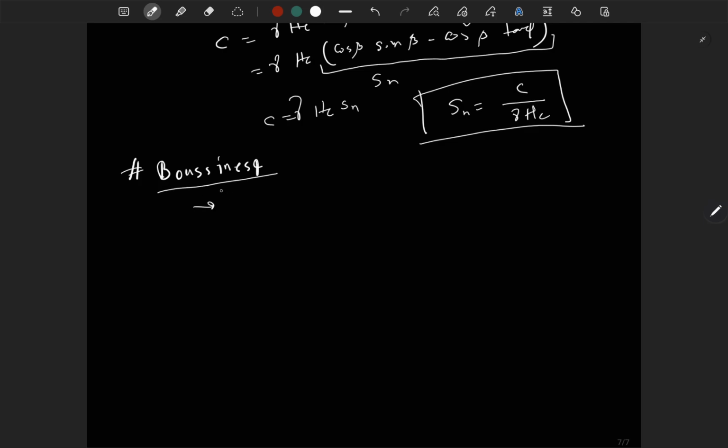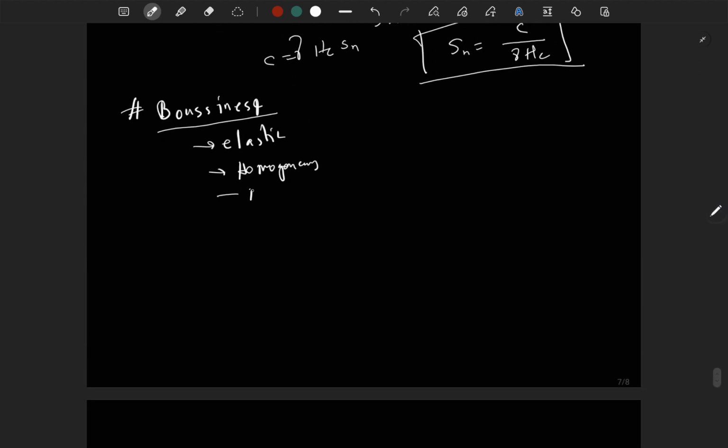The assumptions are that the soil is elastic, homogeneous, isotropic, most important, then semi-infinite, and the soil is weightless.